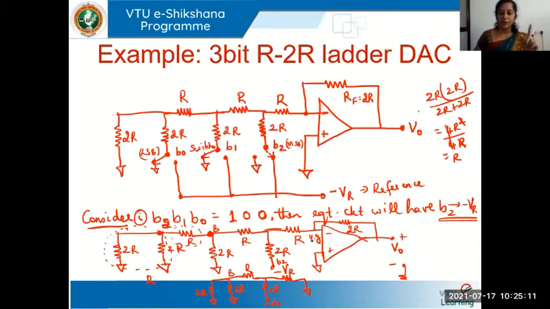Though it is not a physical short circuit and no current flows between the input terminals, the voltages at the two input terminals will turn out to be the same. So if one input terminal is connected to ground, the other will also be at ground potential. That's why this terminal is known as the virtual ground. So what I can do, I can connect this R to ground.